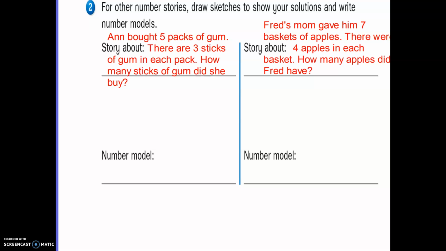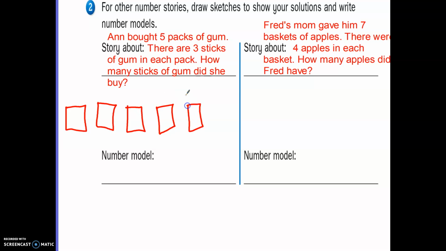Okay, so this reminds me about Ellie's stickers. So if I was going to do this, now these are just my thoughts. This may not have anything to do with what you put down, but we might still get the same answer. So Anne bought 5 packs of gum. 1, 2, 3, 4, 5. Okay, there are 3 sticks of gum in each pack.